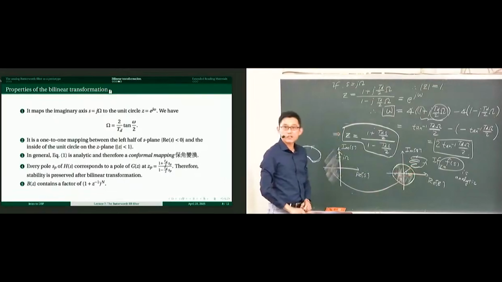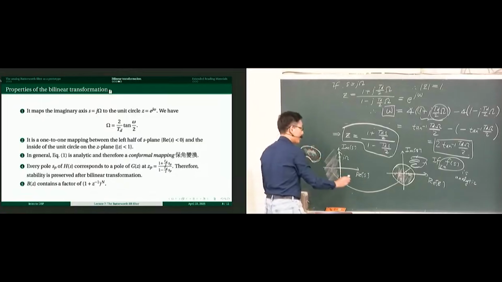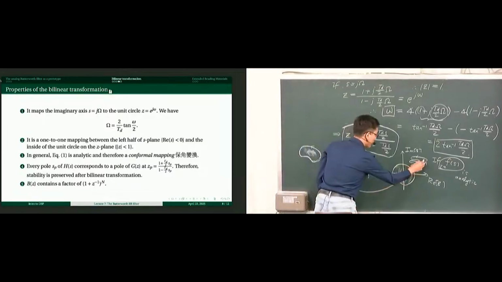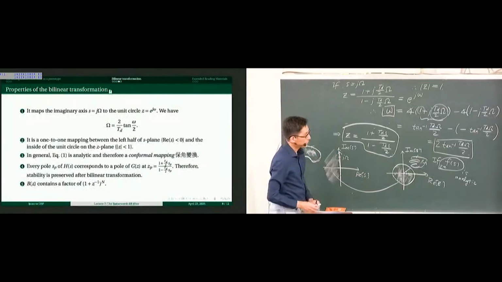Left-hand side is still the left-hand side. Inside is still inside. Outside is still outside. Inside should still be mapped to the inside, outside to the outside. Okay, all right, good.